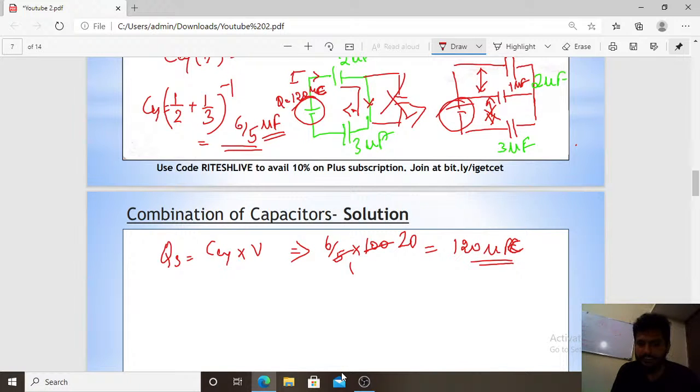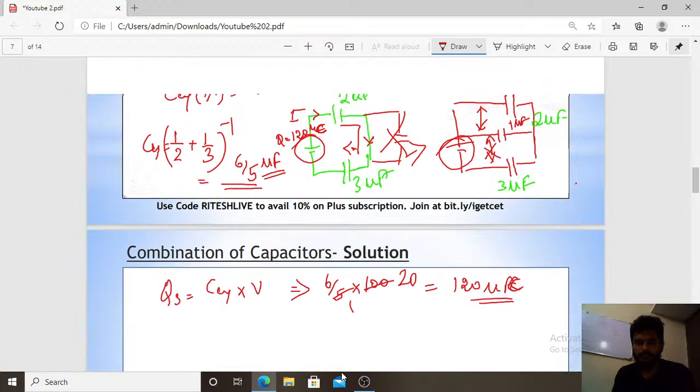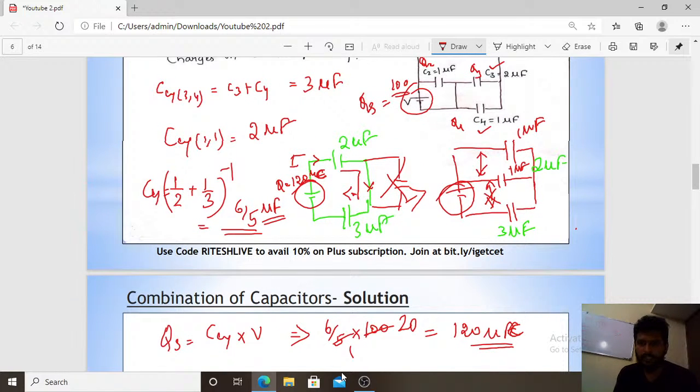Because it is charge. Okay, so now here these two are in series, so I can directly write here how much. I can directly write this value where it will come. So this and this, right? So this is C4. I can directly write Q4 is equal to 120 microfarad.